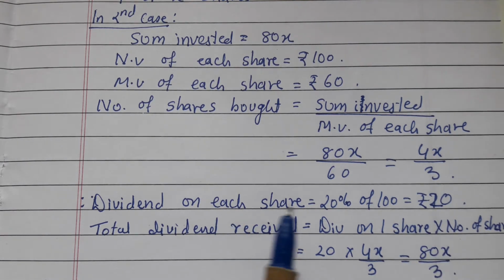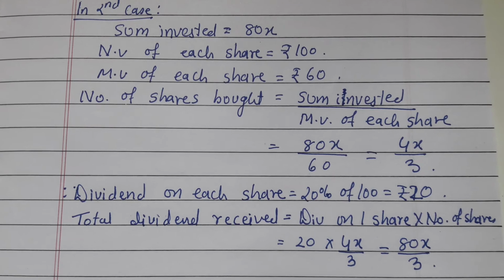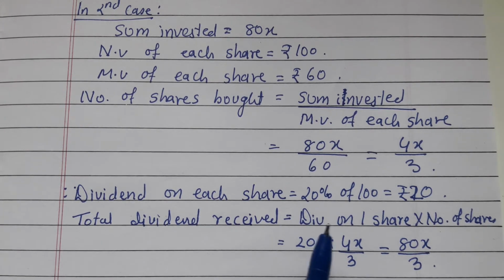Dividend on each share is 20% of rupees 100, that is rupees 20. Total dividend received is dividend on one share into number of shares, rupees 20 into 4x upon 3, that is equal to 80x upon 3.